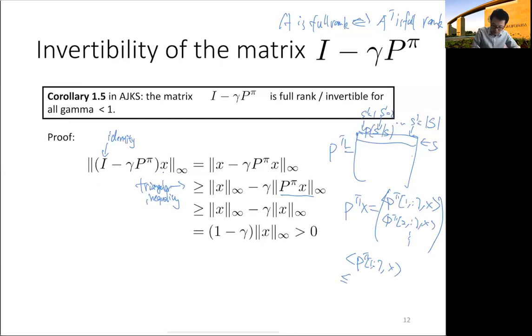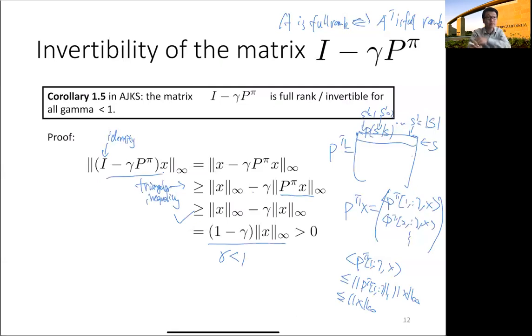This is smaller than the L1 norm multiplied by the L infinity norm of X, which is smaller than the L infinity norm of X. Since this is non-negative, we can keep writing this equation. So this one checked. Finally, we group everything together and notice that when gamma is strictly smaller than 1, whenever X is non-zero, this is non-zero, right? Therefore the output is non-zero, therefore this matrix is full rank.